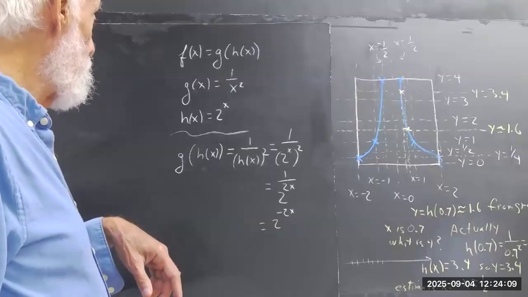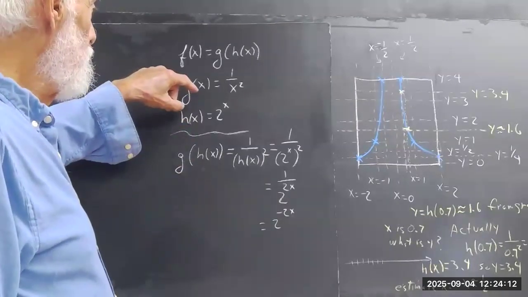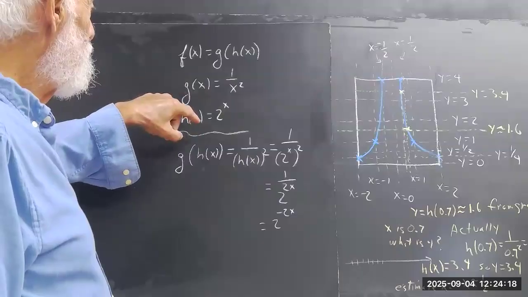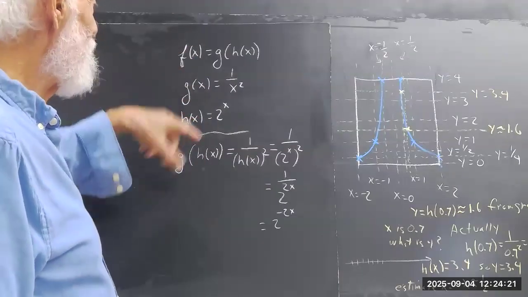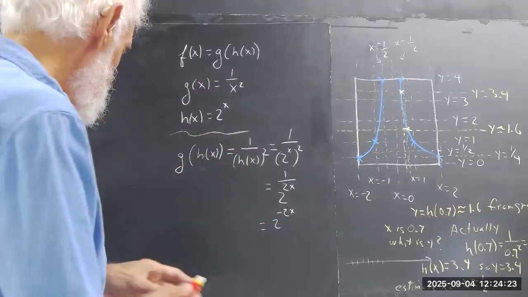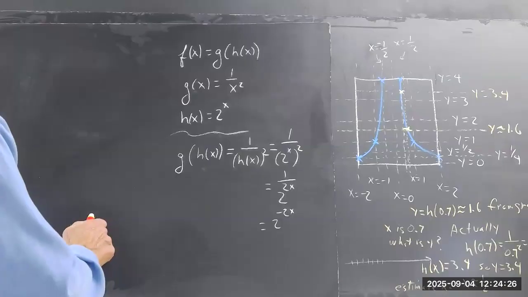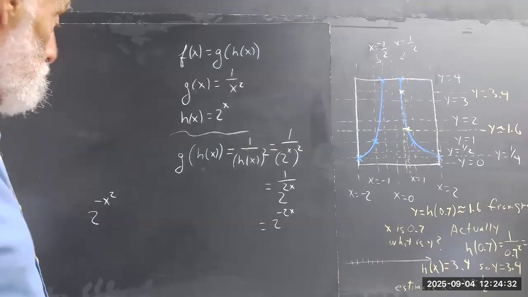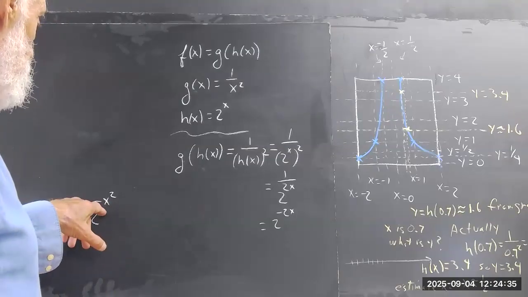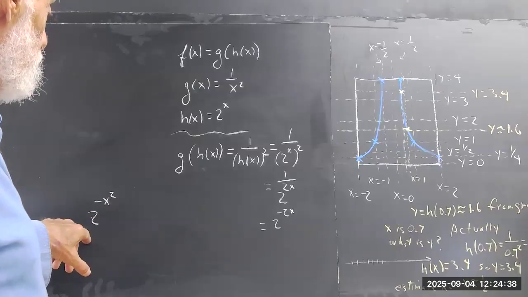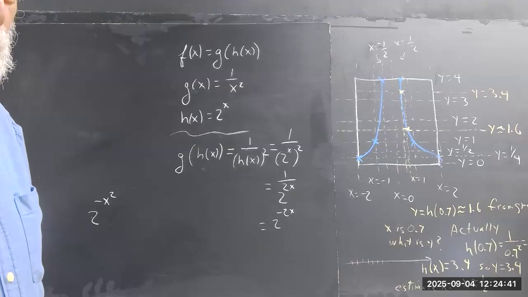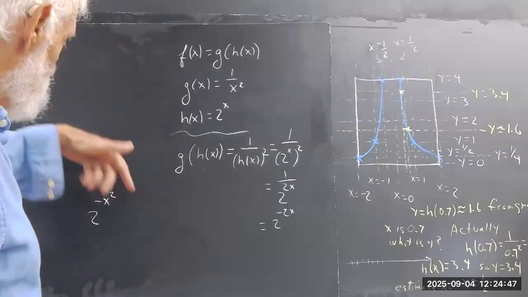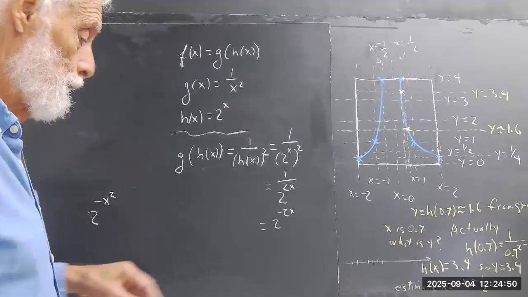If g of x was negative x squared, then h of g of x would be 2 to the negative x squared. Your inside function would be negative x squared, and your outside function would be 2 to the x. So this would be your outside function, and the inside function would be negative x squared. You don't have to know that right now.